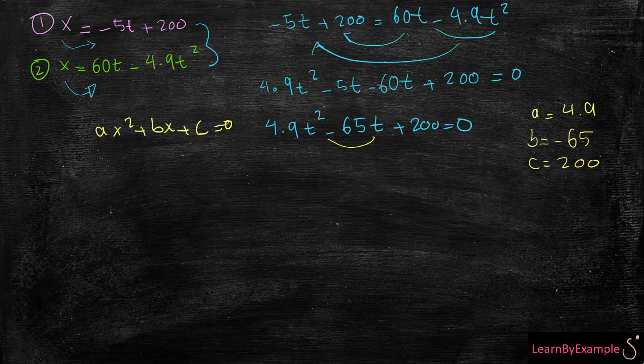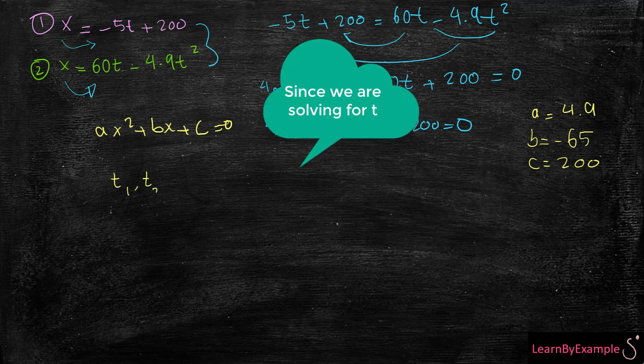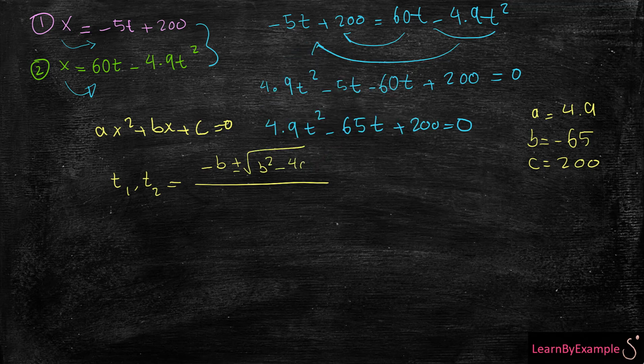And if you recall the quadratic formula, it's always t1 and t2 equals negative b plus minus the square root of b squared minus 4ac, over 2a. Okay, we all remember that. Now all I need to do is plug in my values here, and I will find what my t1 and t2 are.